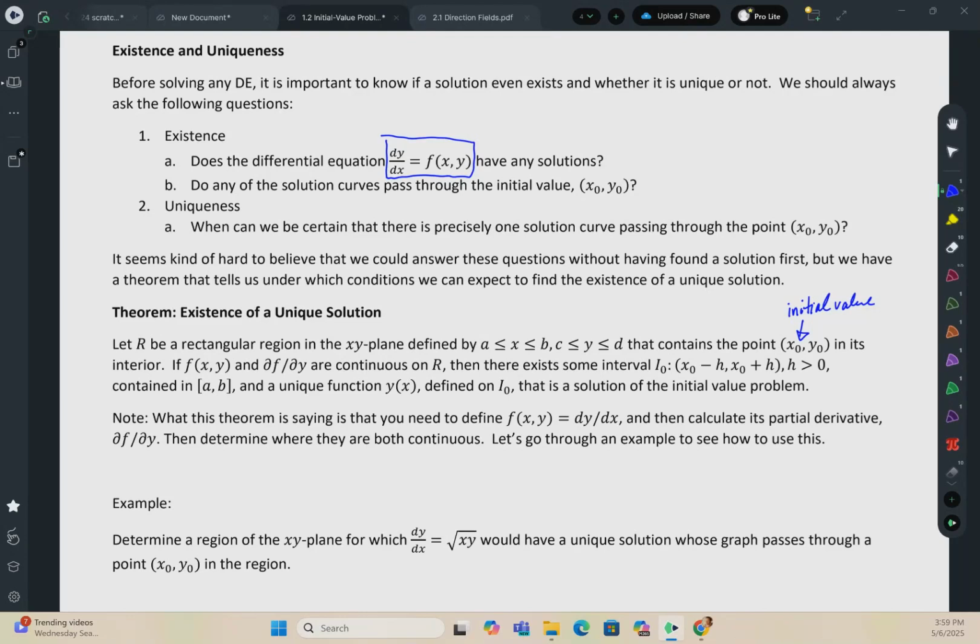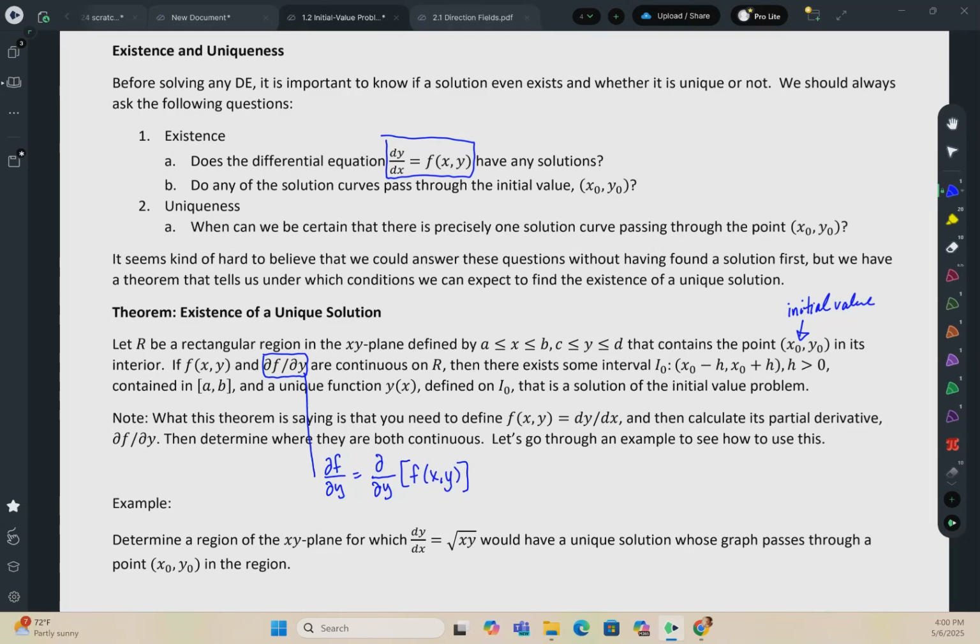Del f/del y is the partial derivative, so I'm going to use a del instead of a d. Doesn't change a whole lot though. It's the partial derivative with respect to y only of f of x y. What that means is we're just going to treat x like a constant.